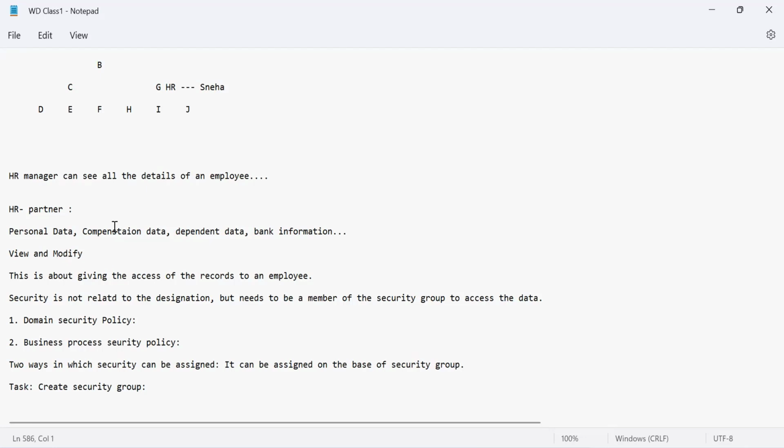If you give modify permission, all the permissions are given. So modify is a very, very powerful permission. If you give somebody a modify permission, it means he or she has all the permissions. Does that make sense?